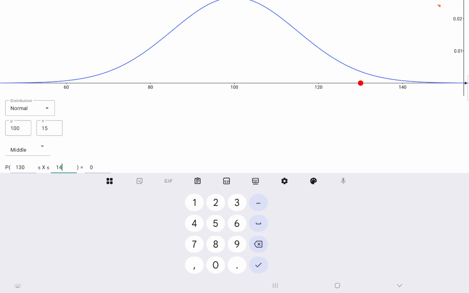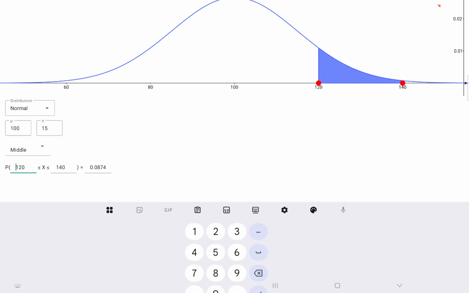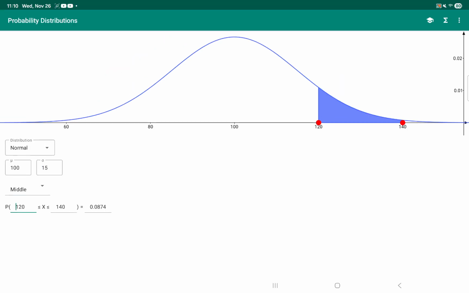Is that what it said? 130 and 140? I think it was. Oops, 120, not 130, 120 and 140. And that probability, that area, and you can see it's shaded, that proportion is 0.0874. So let's go back to the other.